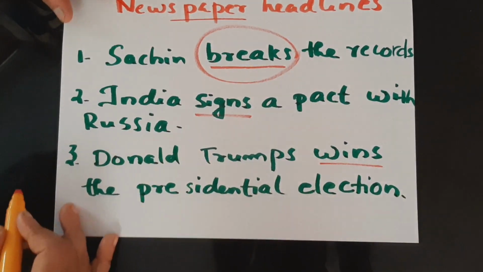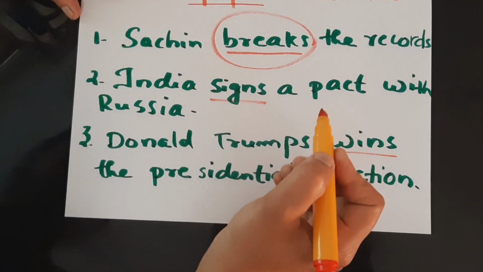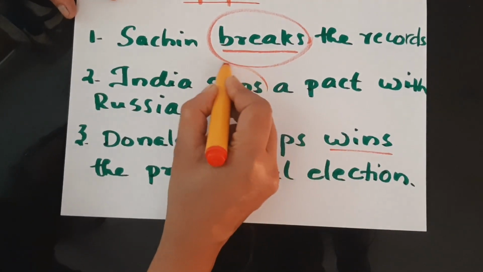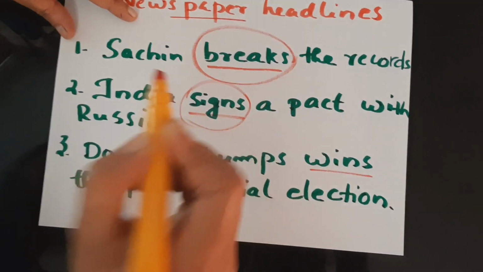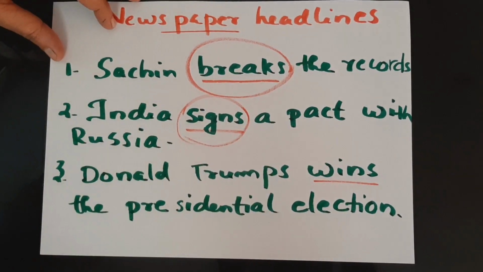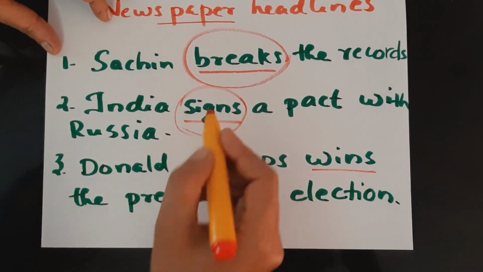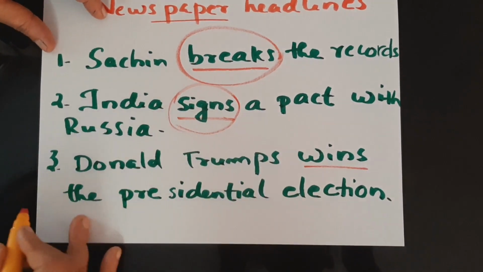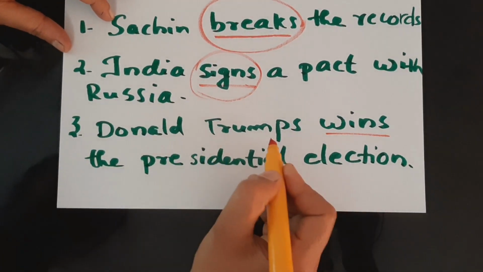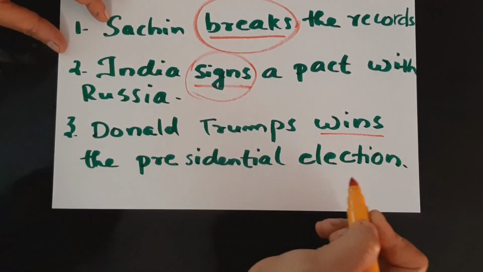Next one, India signs a pact with Russia. Signs means actually India has signed, or India signed a pact with Russia. It's a past event, but it's given in the simple present form. Next one, Donald Trump wins the presidential election.